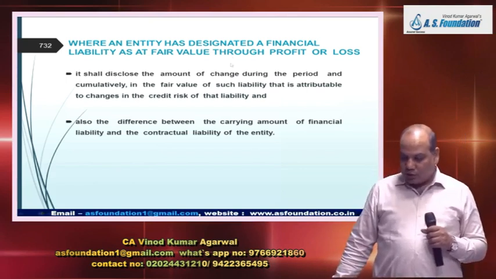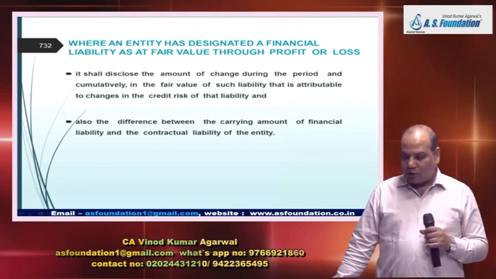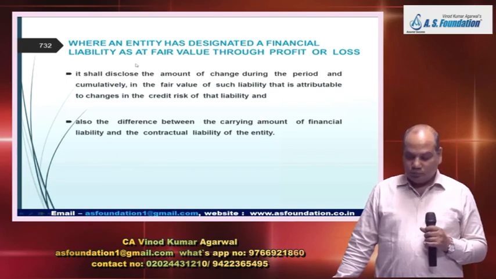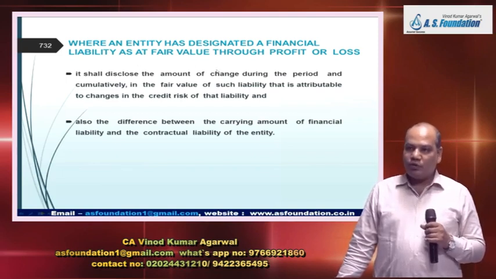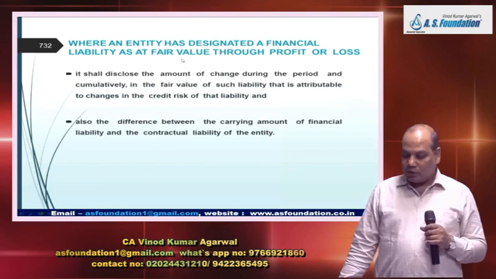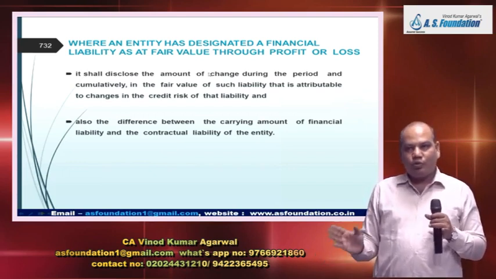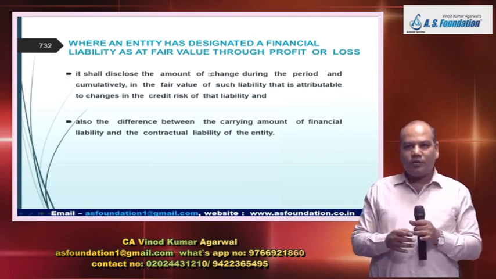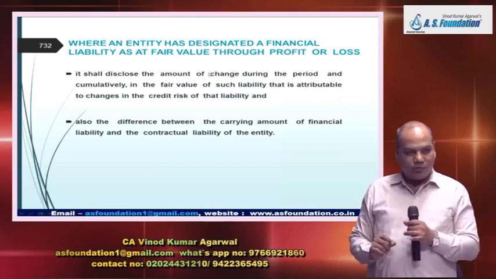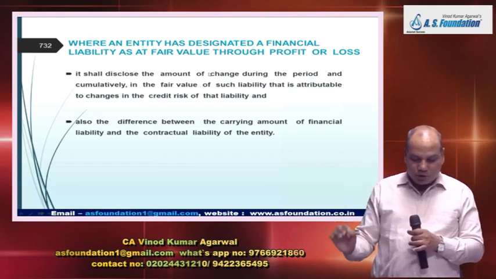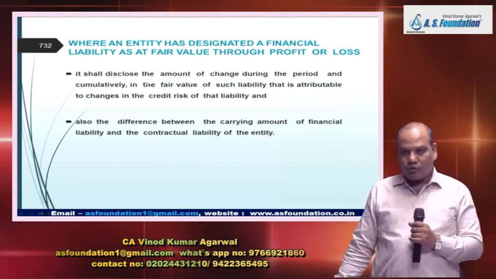Now, where an entity has designated a financial liability as FVTPL, that is also possible. Why will an entity designate a financial liability at FVTPL? Same reason, to avoid accounting mismatch. Then for such financial liability, 2 disclosures.